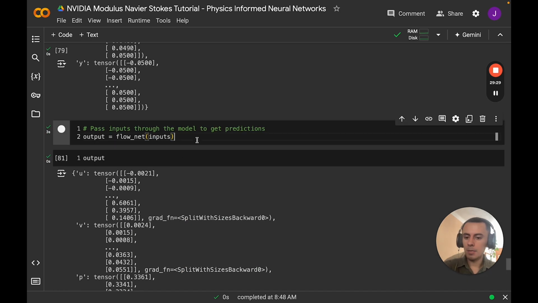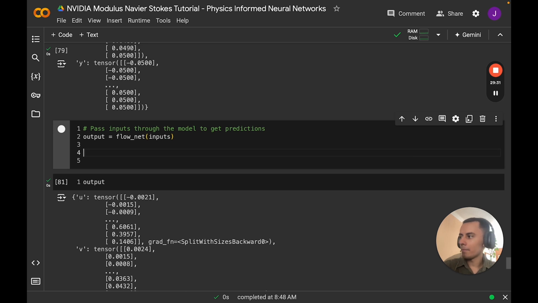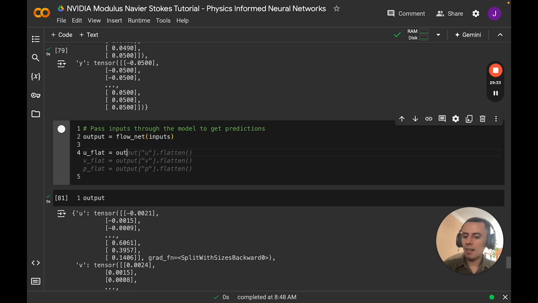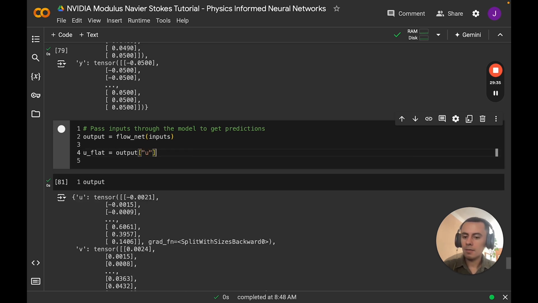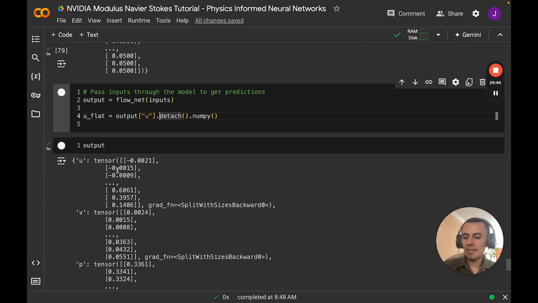Oops, big oops here. U flat is output u, and we detach. This command is necessary, and we make it a numpy array. So we get u flat from the output u, right? The tensor here, but we need to detach the tensor and make it a numpy array.